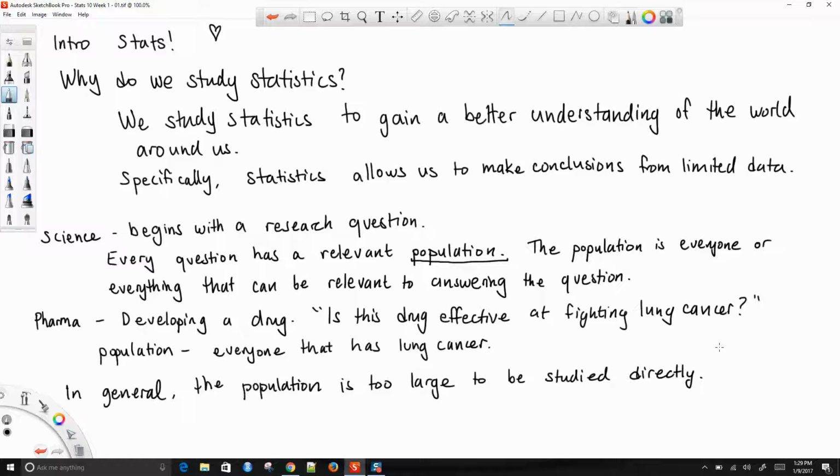And so when we're talking about this population, yeah, ideally we would love to look at everyone in the population, but it's just too big or too hard to obtain directly, okay? And so instead of studying the population, we will study a sample.